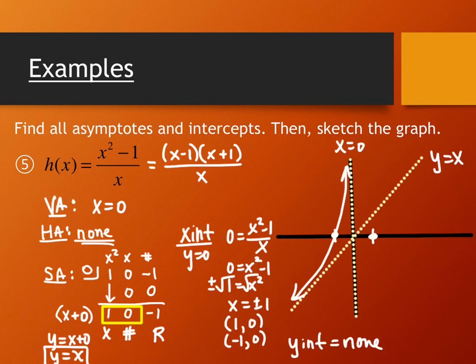And the same weird thing is going to happen on the right-hand side of the graph. I need to be trapped between these dotted lines, but get close to them. So it's going to look like that. And if we didn't have enough points, of course, we would test an additional point to get some more information.